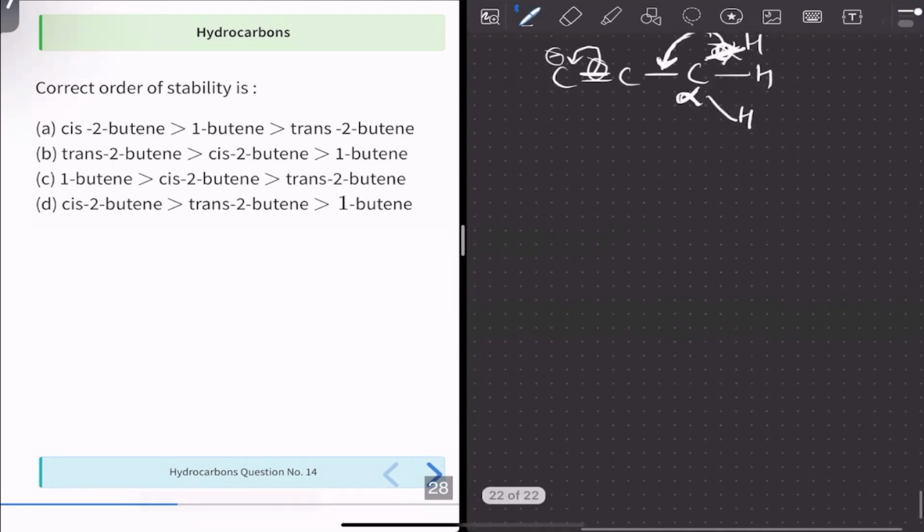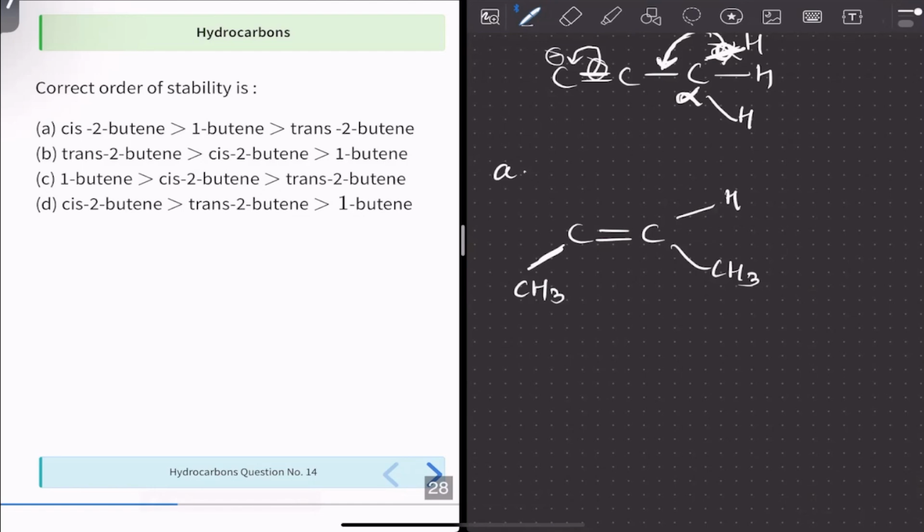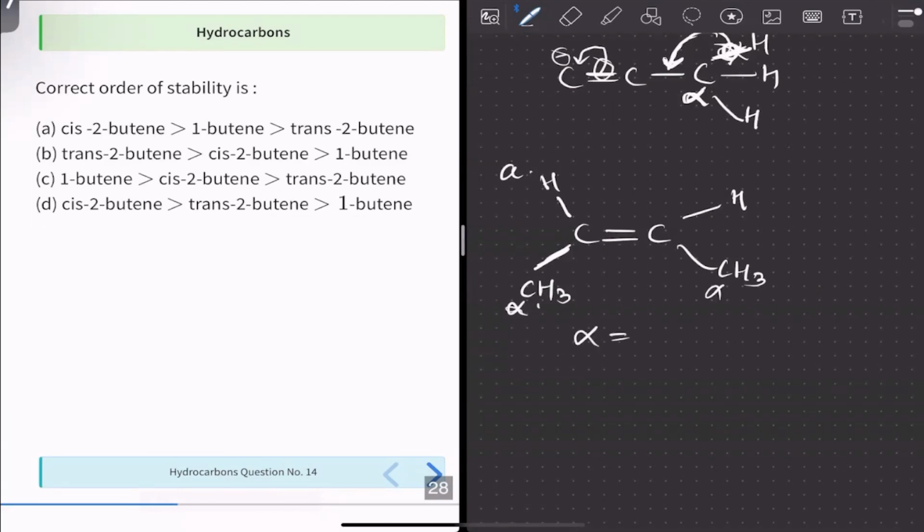Let's find out for these molecules, starting with cis-2-butene. Let's draw cis-2-butene, CH3, CH3. What is the alpha carbon here? These are the alpha carbons. And how many alpha hydrogens are there?